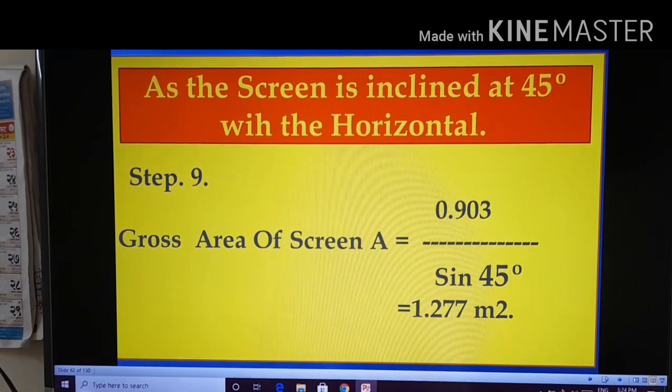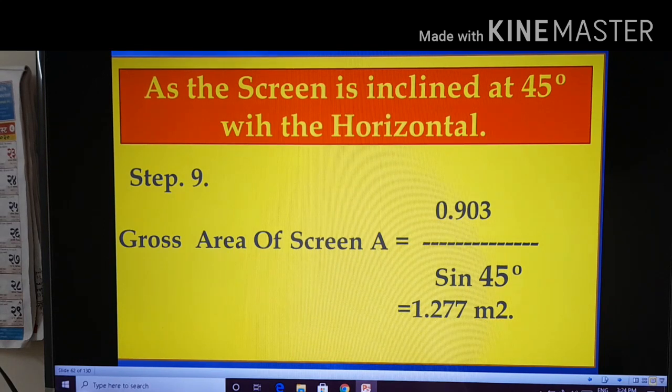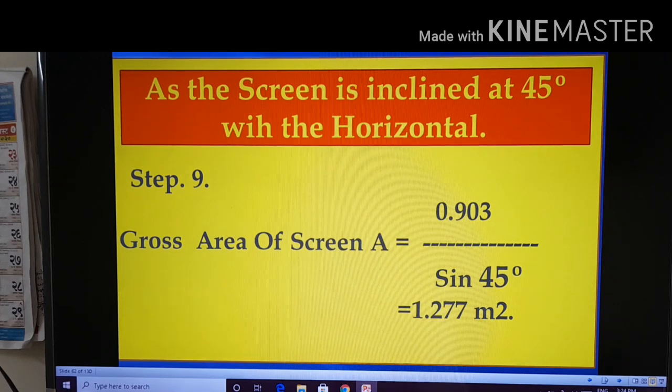Step 9, gross area of screen, right? Before going for gross area of screen, first we already assumed that our screen is inclined at 45 degrees with horizontal. Therefore, gross area of screen A is equal to 0.903, right, divided by sine 45 degrees, which is inclined in position screen.